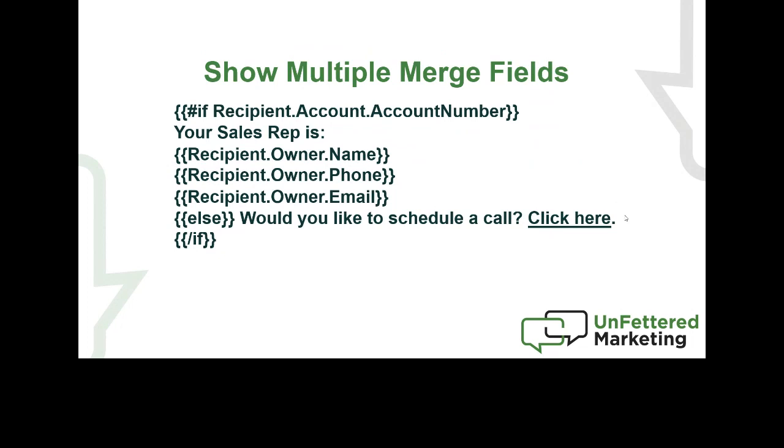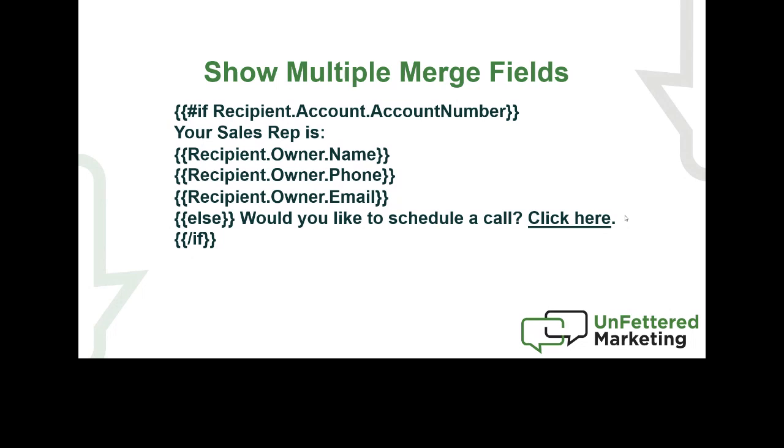Or if they don't have an account, let's say I'm sending an email that might go out to a prospect, it might go out to a lead, it might go out to a contact. In this particular instance, it's looking to see if the recipient has an account associated with them.